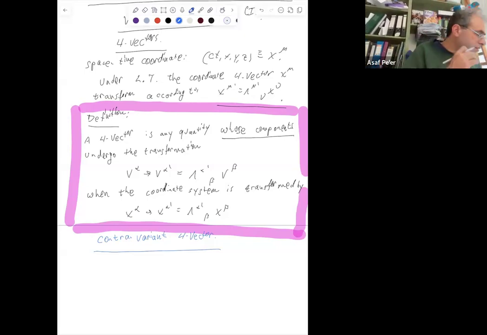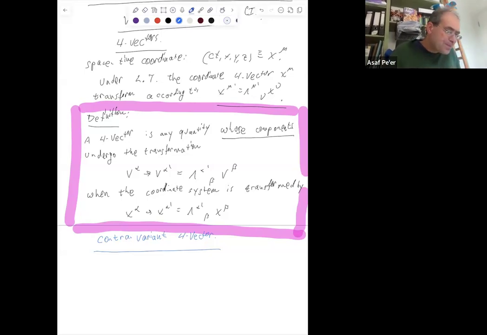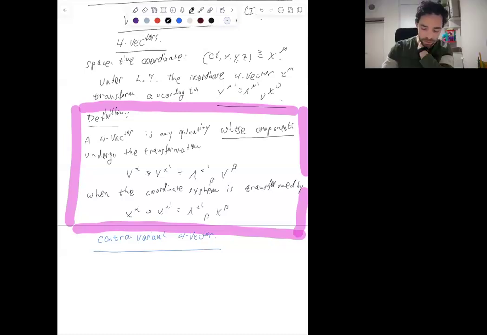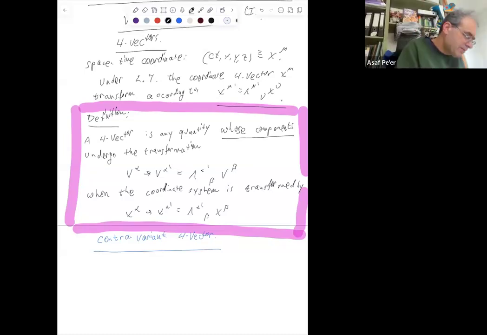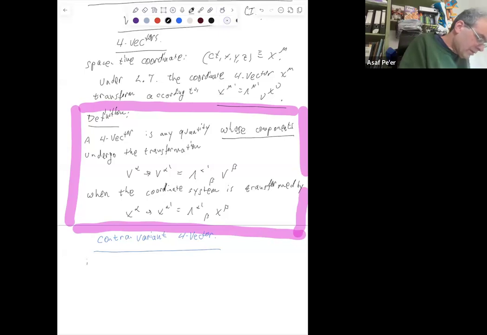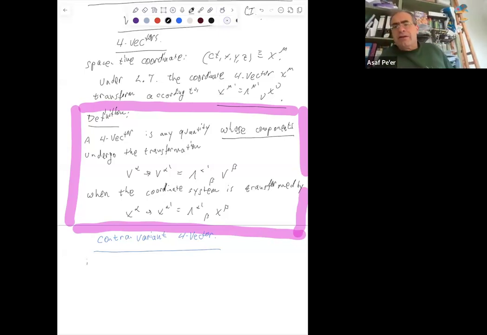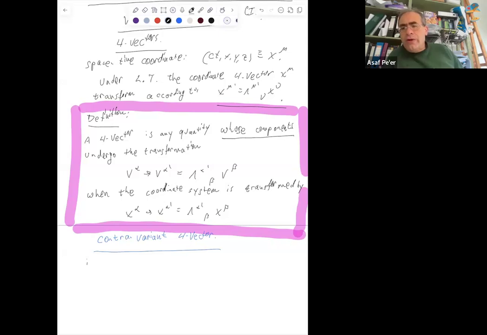So I use a Lorentz transformation to define that. Of course, every 4-vector, how many components does it have? Four, right? Obviously, it has four components. When I say vector, that's another thing: I always mean contravariant vectors. There are other types of vectors, which you're going to see shortly. When I say vector, I always mean contravariant 4-vector.